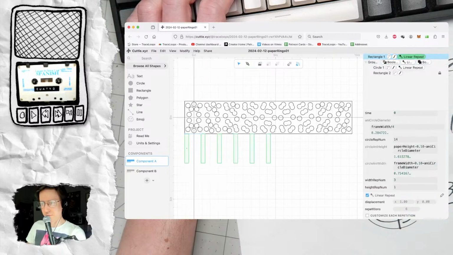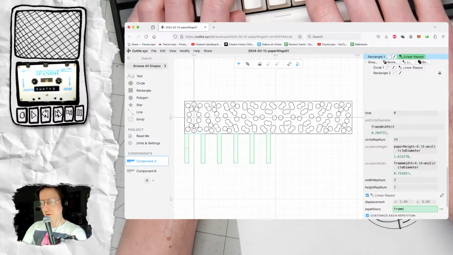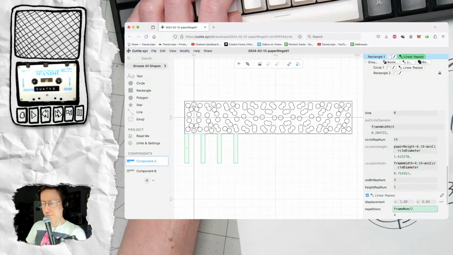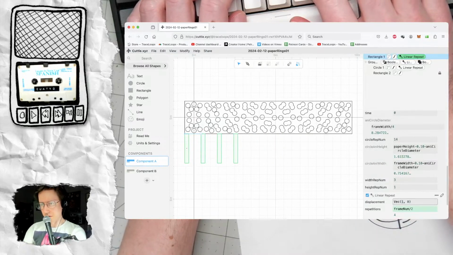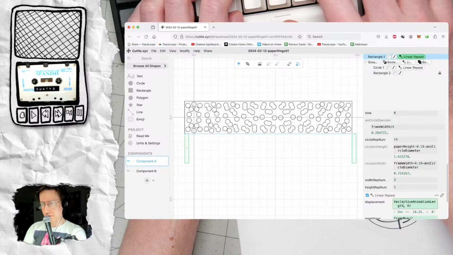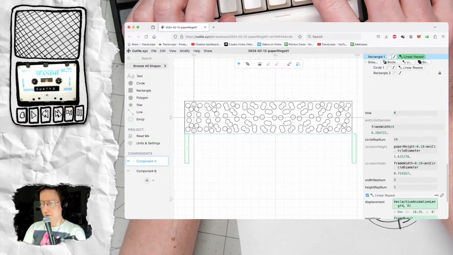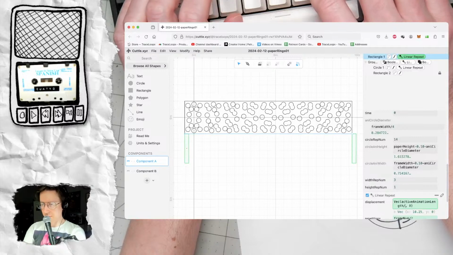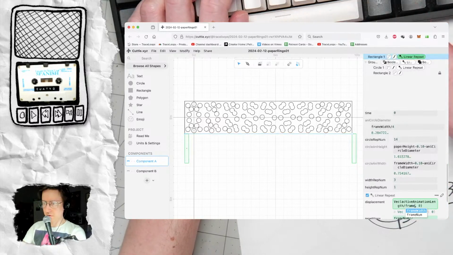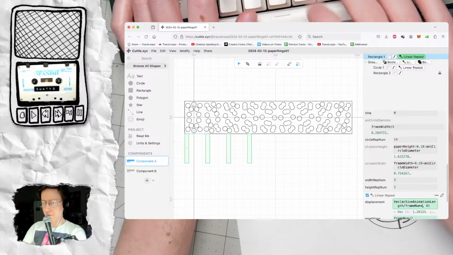And this will be modify linear repeat. The number of repetitions is frame num divided by 2. And the displacement is active animation length divided by frame number times 2.